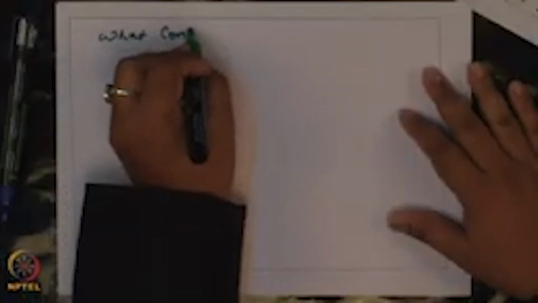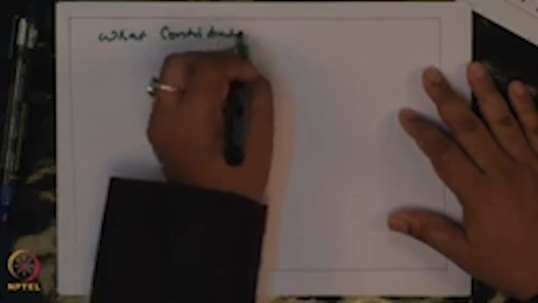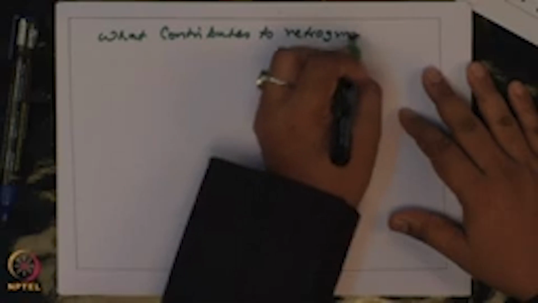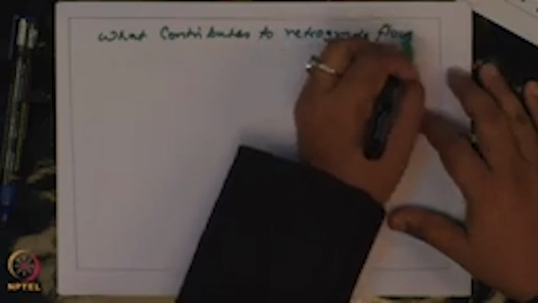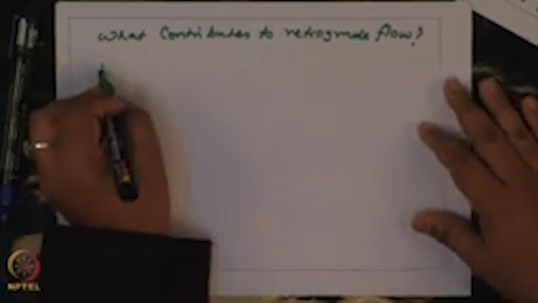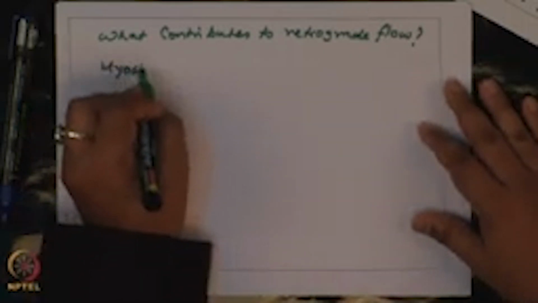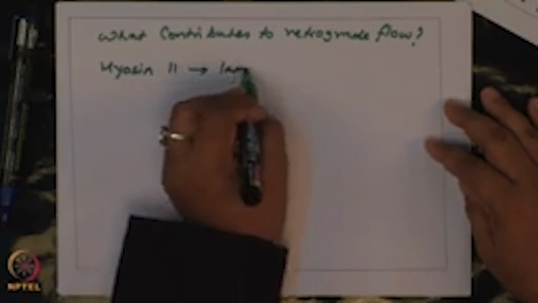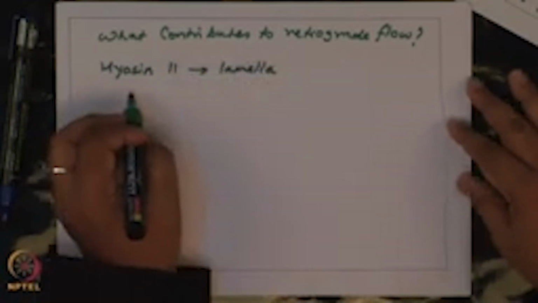The question that arises next is: what contributes to retrograde flow? You know previously that myosin 2 is enriched in the lamella, and what does myosin 2 do?